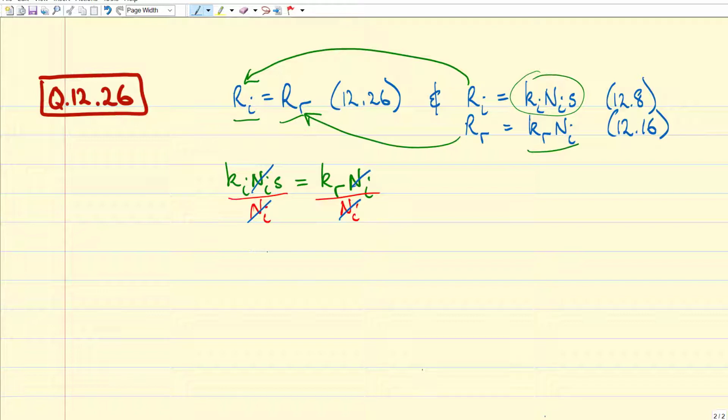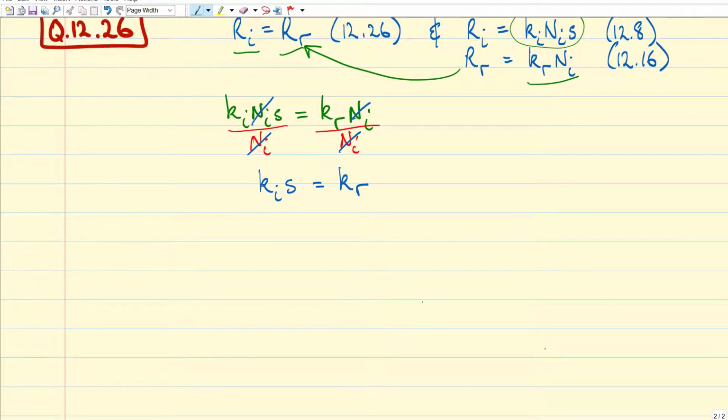What you get left with is Ki s equals Kr, and then you can divide both sides by Ki. You have to be careful when you're doing algebra. This Ki and this Ki will cancel, but nothing cancels on that side. So then what we can write is that s equals Kr over Ki.